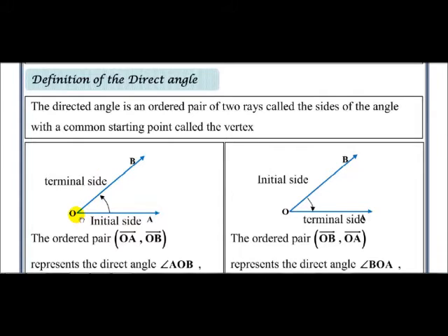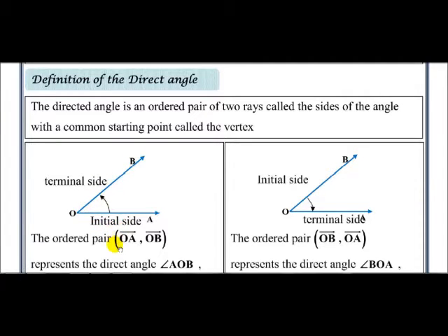We consider the base of the angle as the initial side. My angle rotates in this direction, as my arrow shows. It turns and stops here, okay? This ray we name the terminal side.